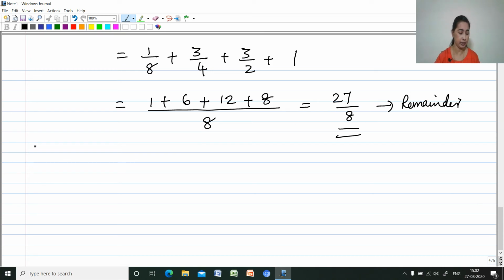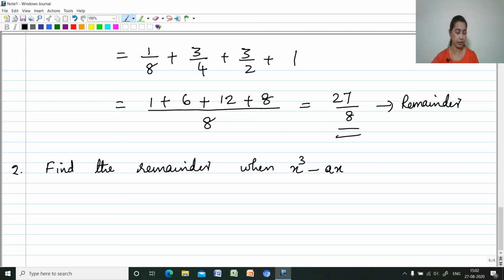Then in the same exercise, one more question. Question number 2. Find the remainder when x cube minus ax square plus 6x minus a is divided by x minus a.